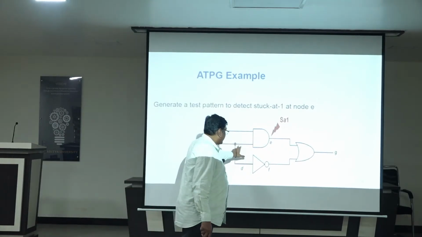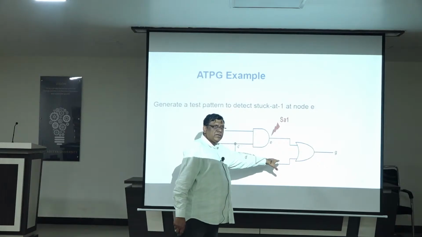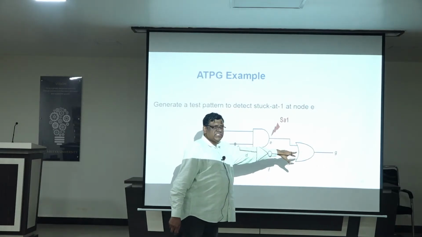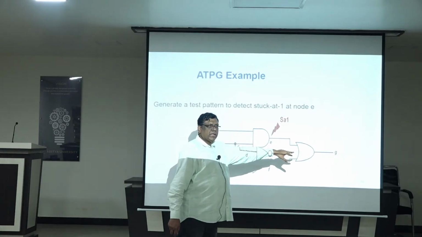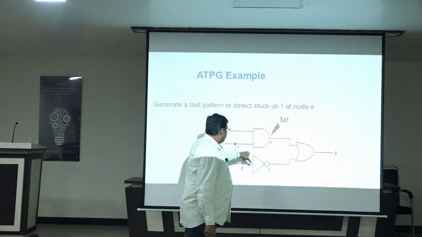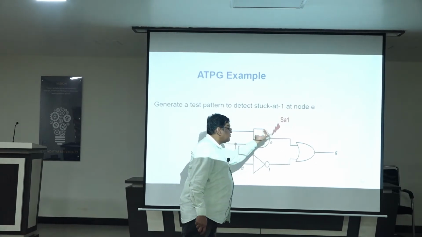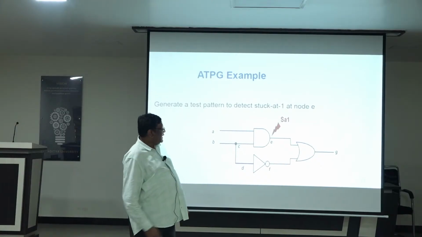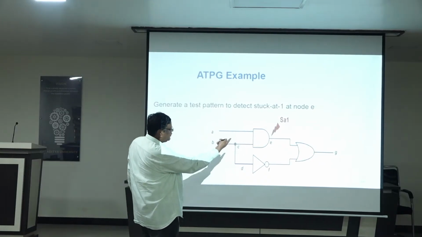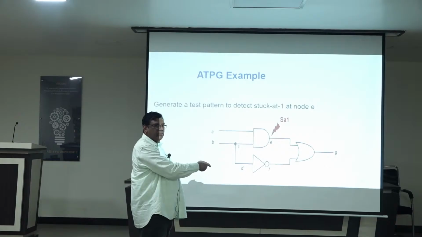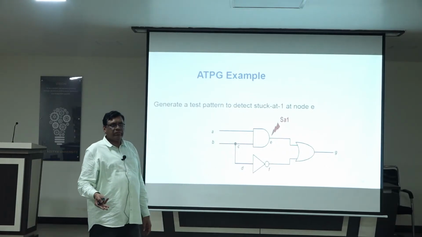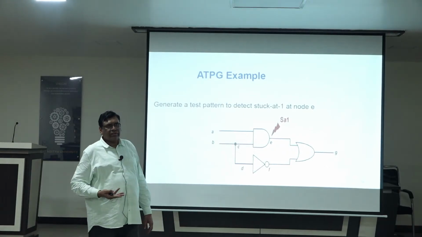A 0 propagated means its complement, 1, has to come on G. How will we get 1? If an AND gate input is 0, the output is always 0. But if one OR gate input is 0, the other input can propagate whatever its value may be. So we can control it and we can observe it.